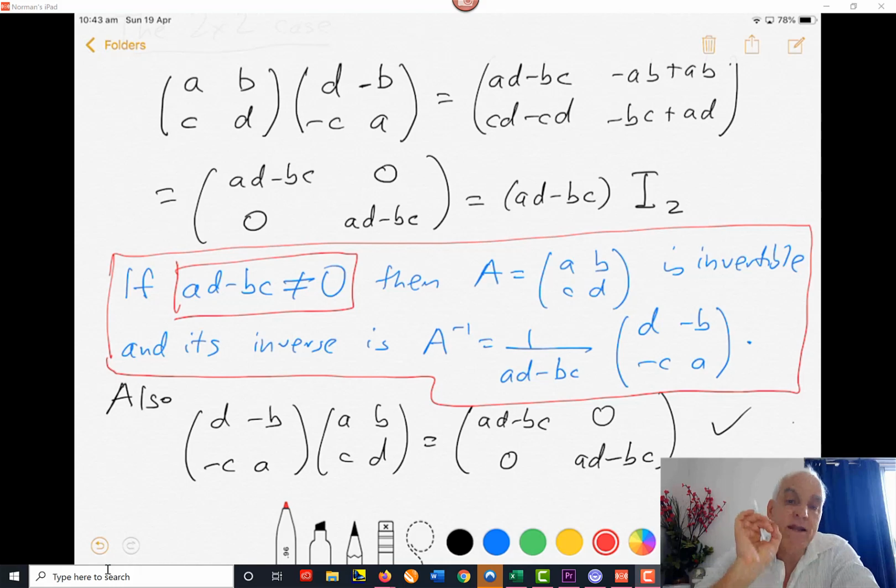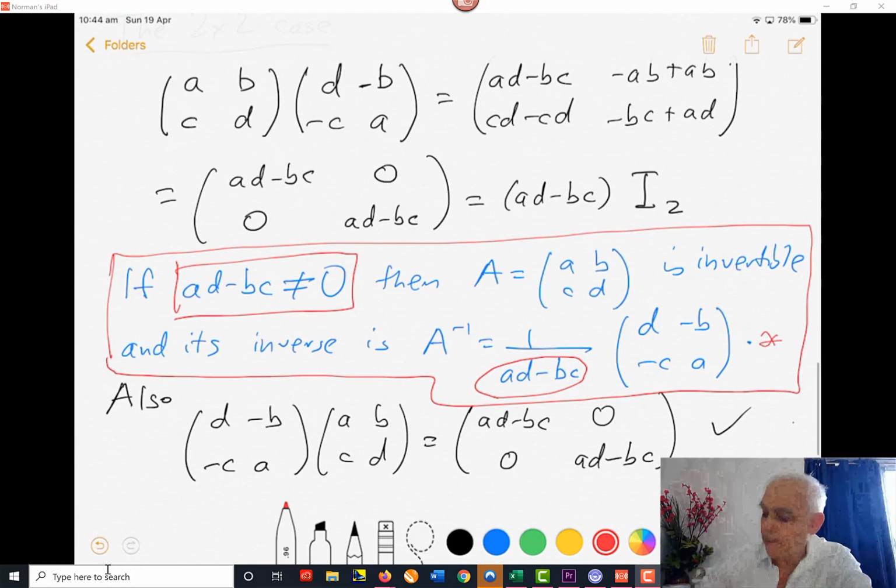But if that quantity AD minus BC is not 0, then we can write down the inverse by doing this trick right here, interchanging the diagonal elements and multiplying the off diagonal elements by -1, and then crucially dividing by this important quantity AD minus BC.